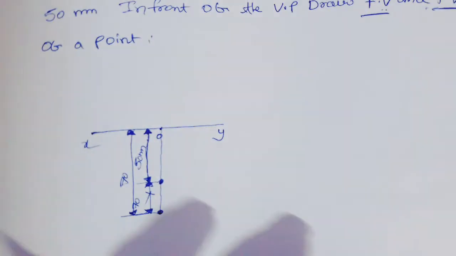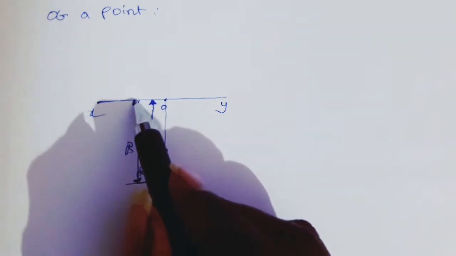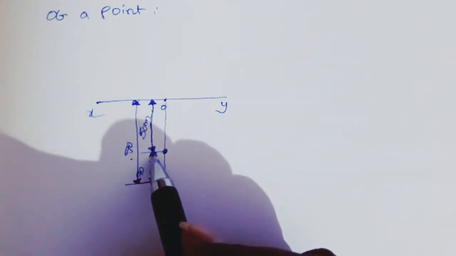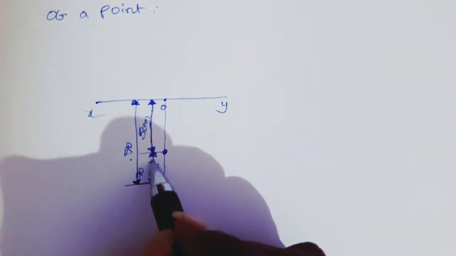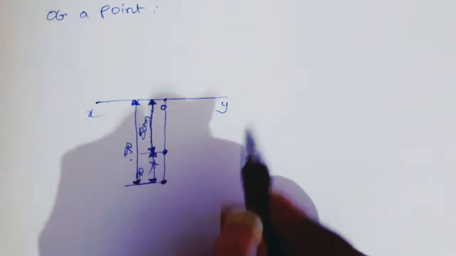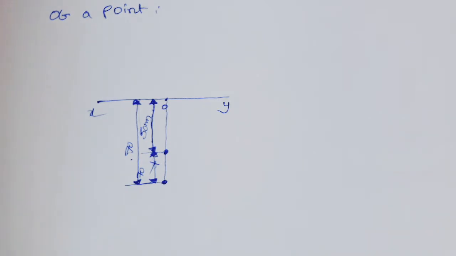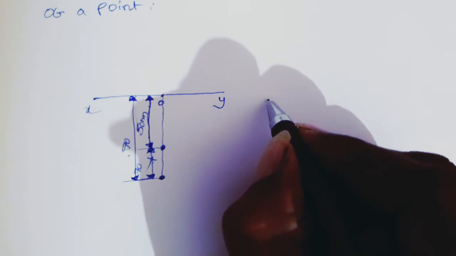Mark from the XY line to this as 70. From here to here, take 50 mm. It is not necessary to represent this dimension line here. Just erase it. So in this way, blindly you can draw the 2D drawing of a point, a plane, or a line easily, if you are not able to imagine in 3D.